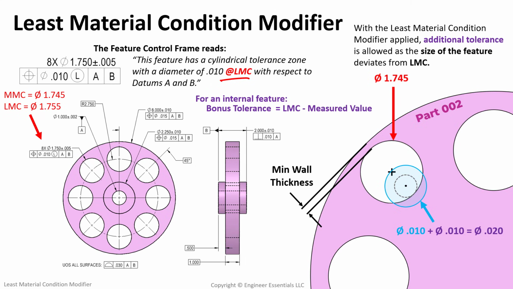That may be true, and actually, you can use the MMC modifier and still care about a minimum wall thickness. You just need to make sure to calculate the worst case boundaries that you get from the MMC modifier and understand that those minimum wall thicknesses from that calculation is something you can live with. The LMC modifier only gets that label because that's the only thing it accomplishes. It gives you bonus up to the same minimum wall thickness. So just be careful of that.